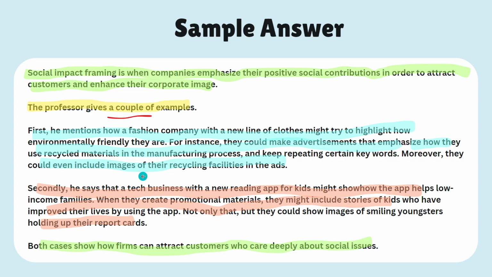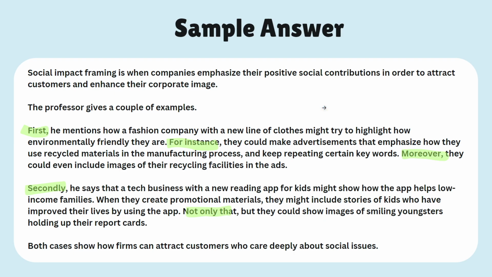Something like both cases show how firms can attract customers who care deeply about social issues. So in this case, I'm linking both of these examples to the reading, to the concept. I tie it all together there at the end. That's my approach. That's how I organize it every time, and I usually score pretty well on the TOEFL.